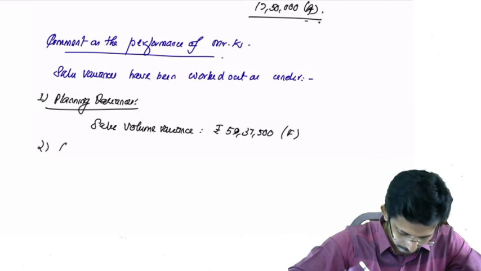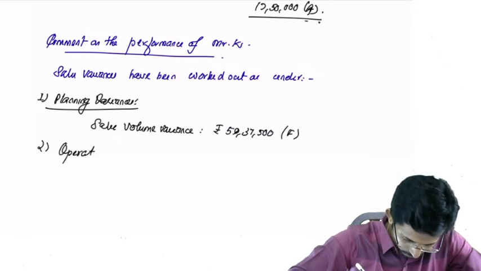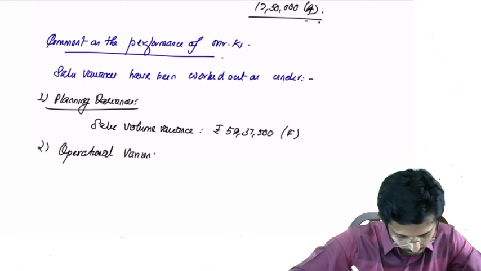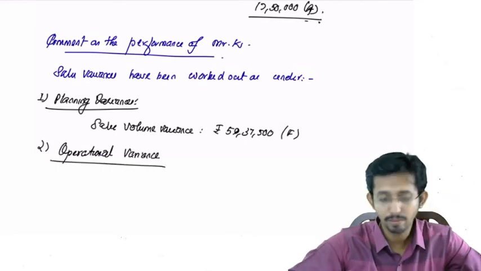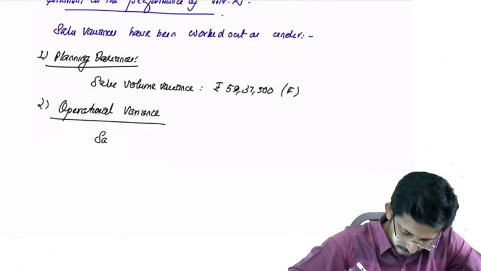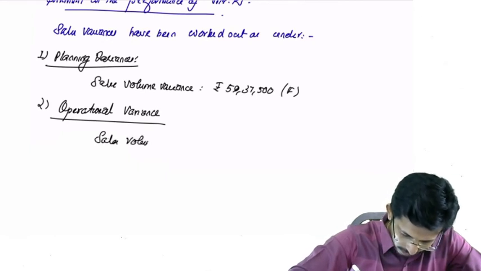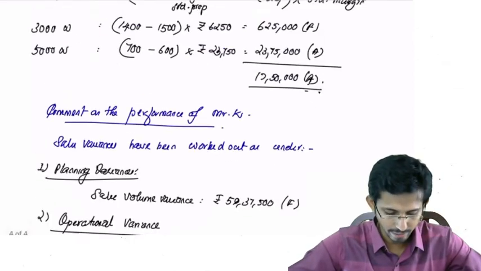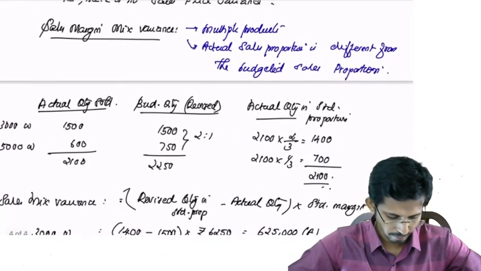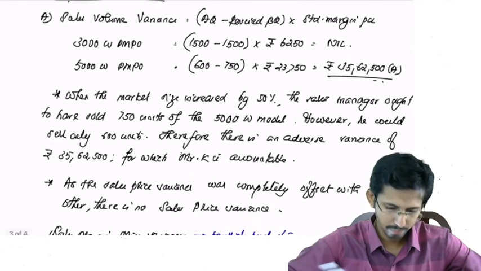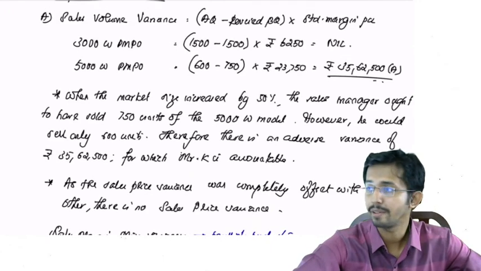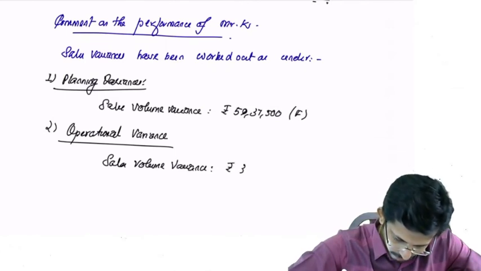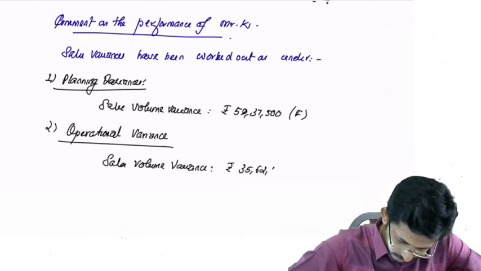Operational variance, again sales volume variance. What is the sales volume variance here? Sales volume variance was 35 lakh 62,500.